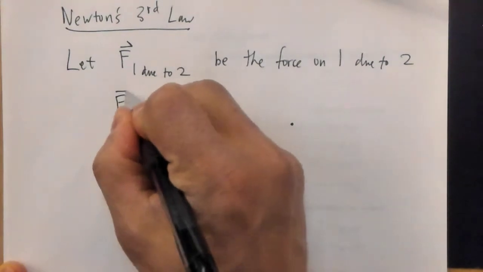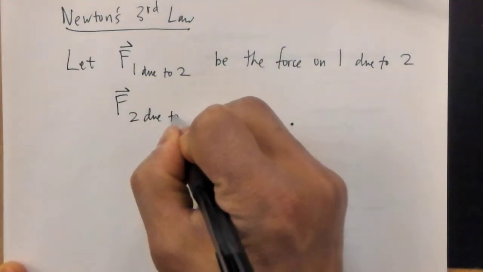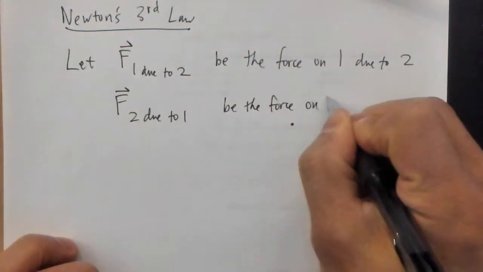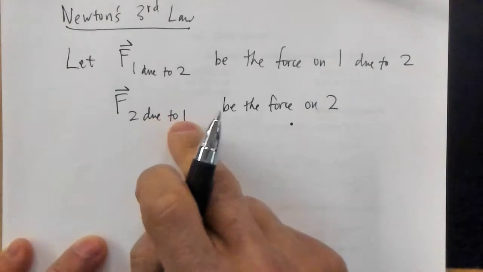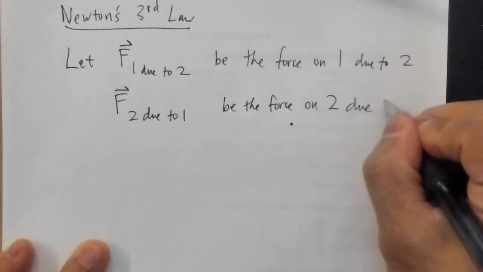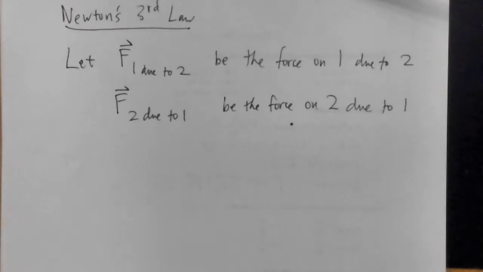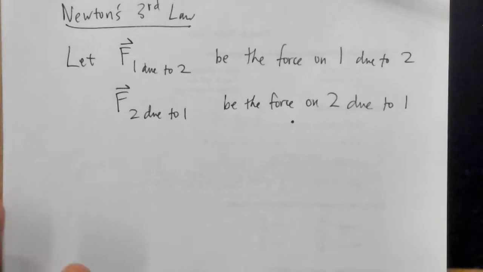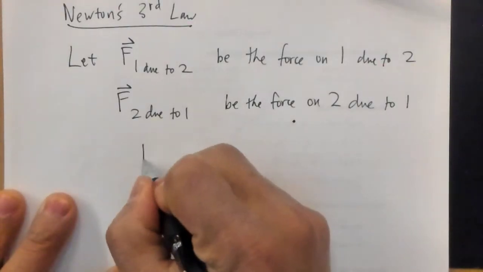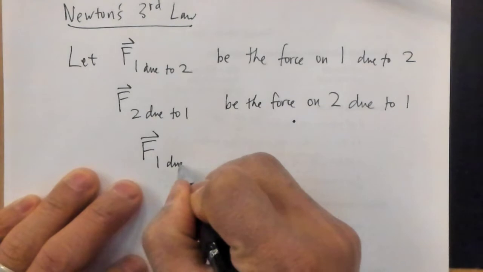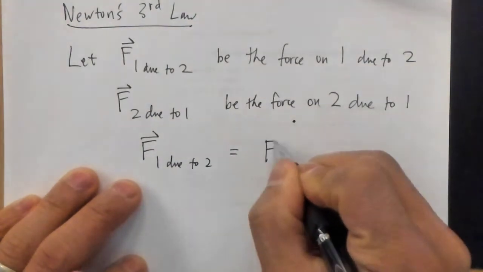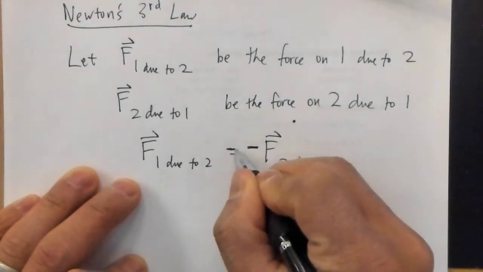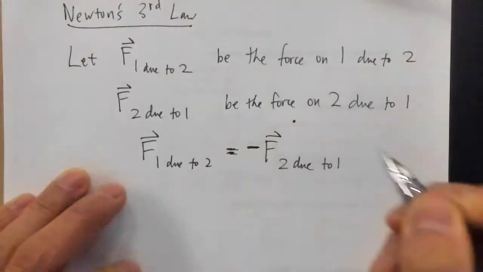And then let F2 due to 1 be the force on object 2, due to 1. Is everybody clear on the notation? Then Newton's third law is simply the statement that F1 due to 2 is equal to F2 due to 1 with a big fat minus sign in front.